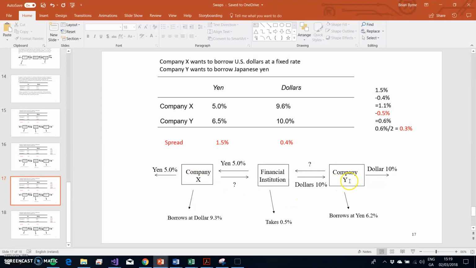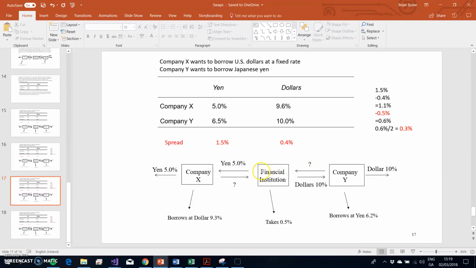And then the final stage is, if we receive a payment of 10 and pay out a payment of 10%, what rate should company Y pay the financial institution so that overall the net position is 6.2 in terms of yen? Only one rate really works here, and that's 6.2.